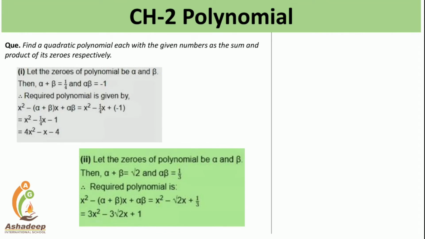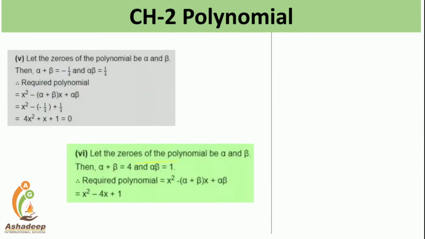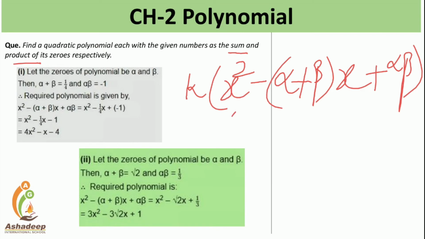Now question 2, very much easier, but we need to know the equation. What is that equation? k in bracket x square minus alpha plus beta into x plus alpha into beta. See here, find out the quadratic polynomial for each of the following. Whatever the first term is, that is the sum, and the other term is the product. What is the sum? It becomes alpha plus beta.